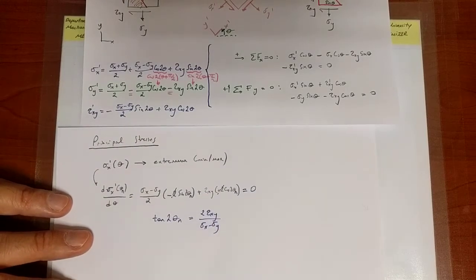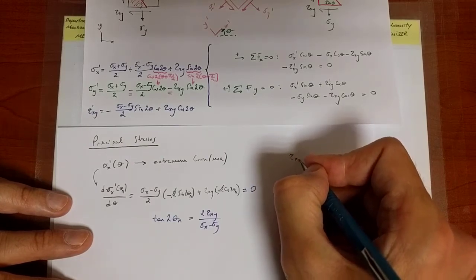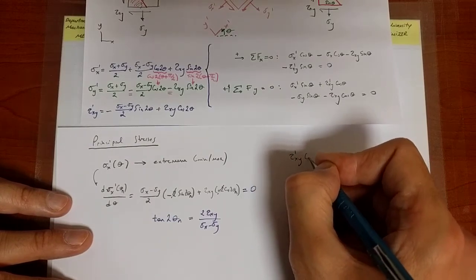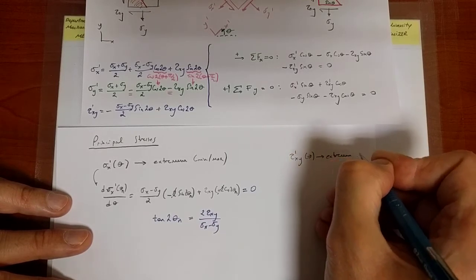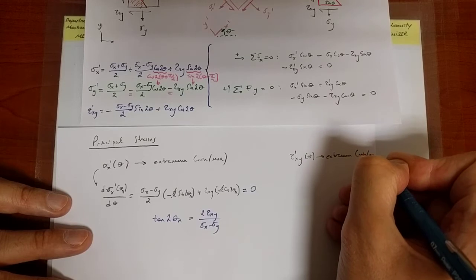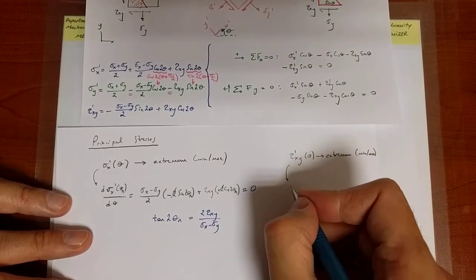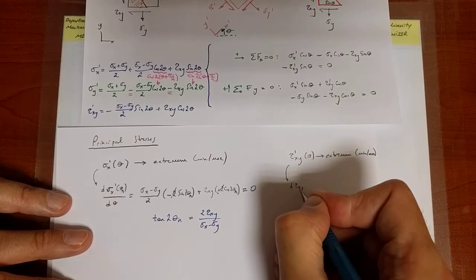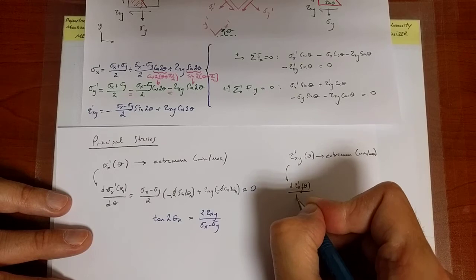Now I can do the same thing, and I encourage you to do that yourselves. Sigma x y prime is a function of theta. I can again seek its extremum. We'll have a min or a max. Okay, and so I'll go ahead and take its derivative with respect to theta.